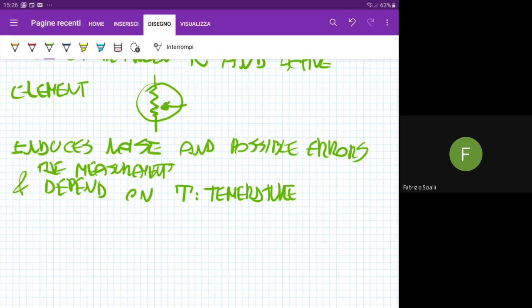Maybe by increasing the input tension you can have very high sensitivity, but however, we are also measuring a lot of noise.